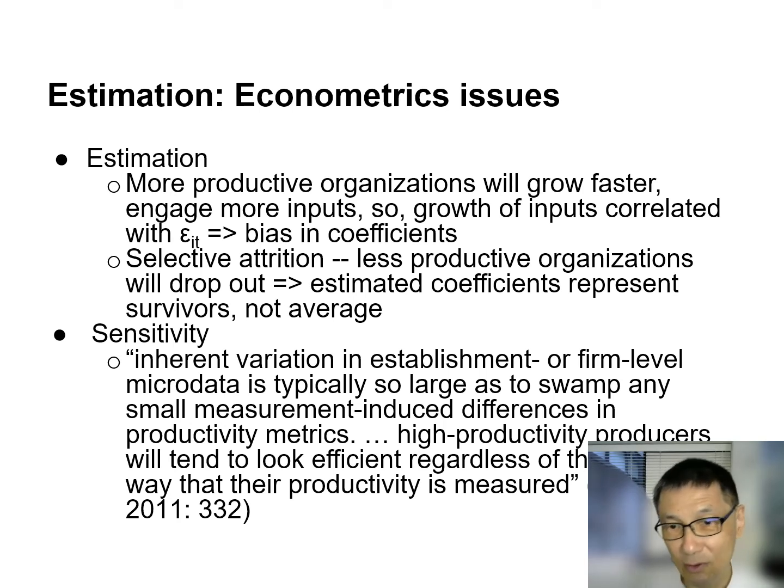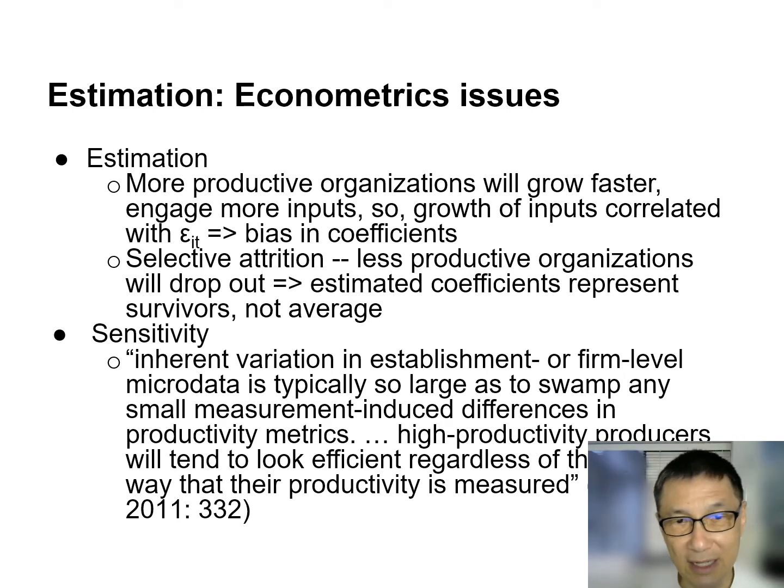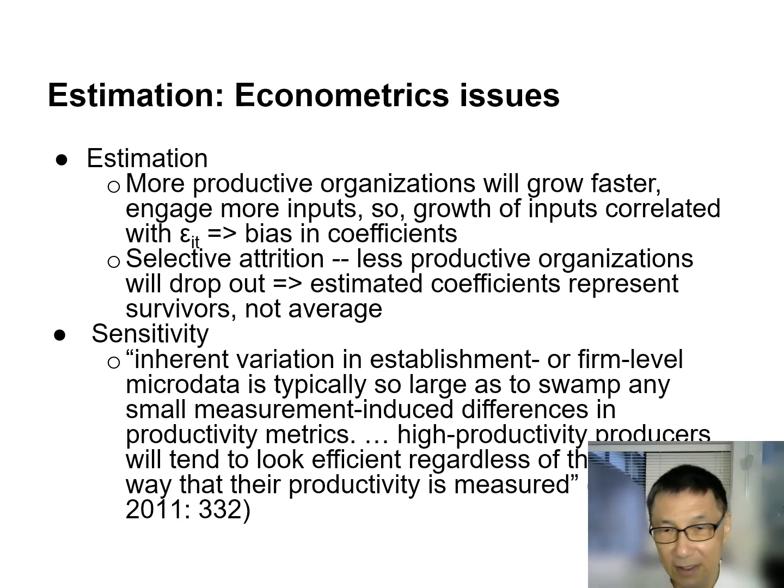So their growth of inputs will be correlated with estimation error, and the coefficients will be biased. Another very subtle issue is selective attrition. The less productive organizations will drop out, so the estimated coefficients represent the productivity of survivors, not the average. So this would be a case where the coefficients will be biased up.